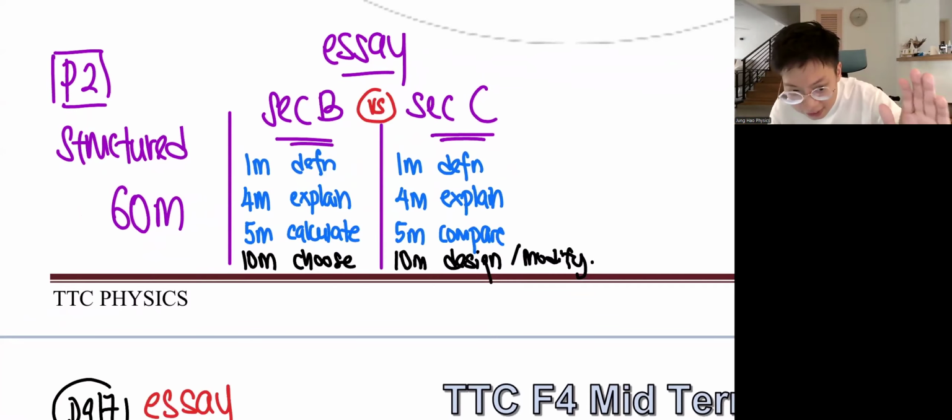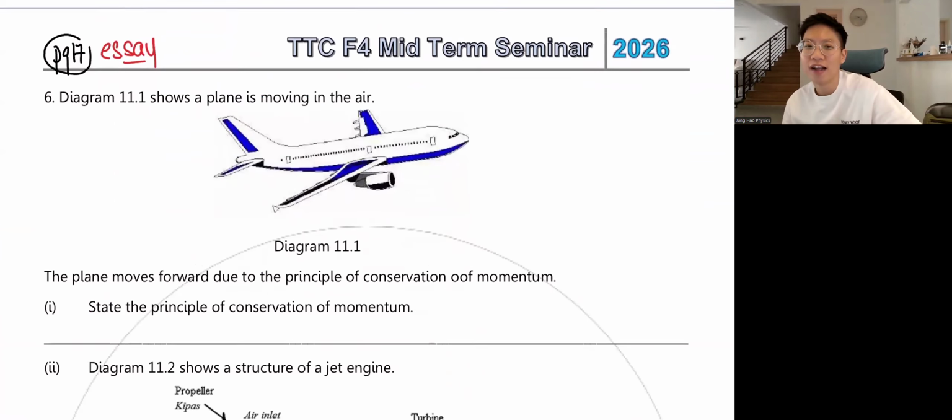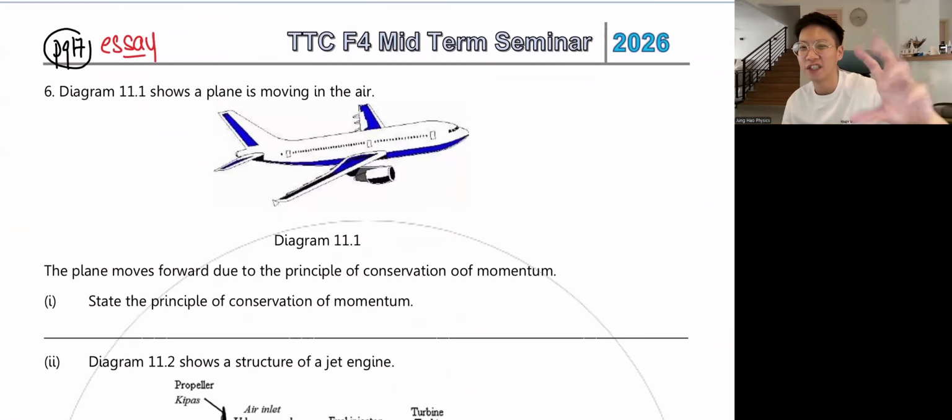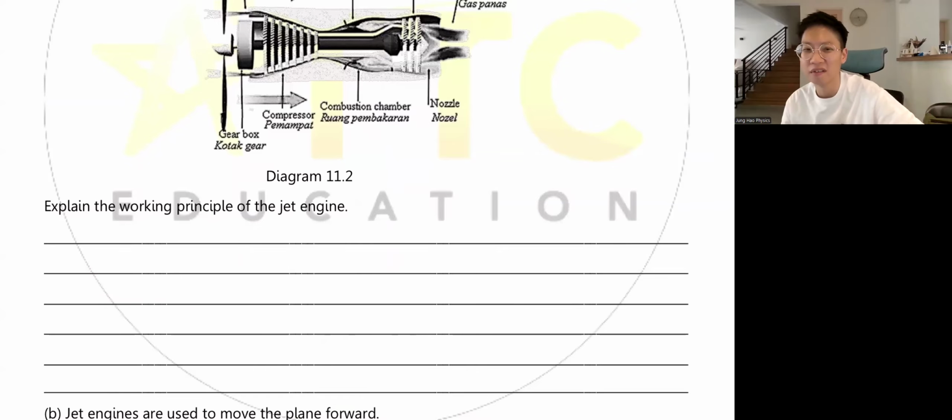So everybody, please look at this question right now, the page 17 essay. Is this a section B essay or a section C essay? We check. The first mark is a definition. The next 4 marks is a working principle.